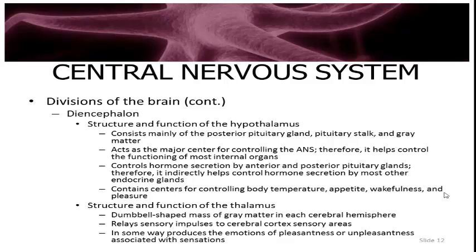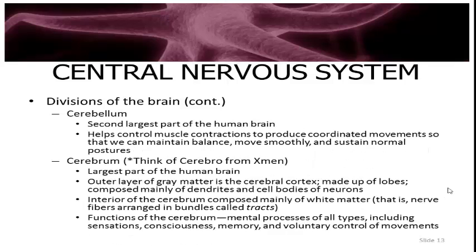So the diencephalon, again, is another part of the brain that has the hypothalamus and the thalamus. The cerebellum is the second largest part of the brain. It is found toward the posterior side of the brain and helps control muscle contractions to produce coordinated movements so that we can maintain balance, move smoothly, and maintain our normal posture.